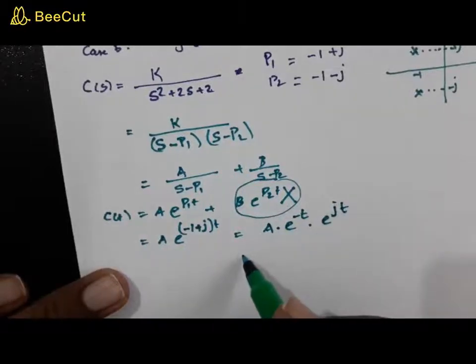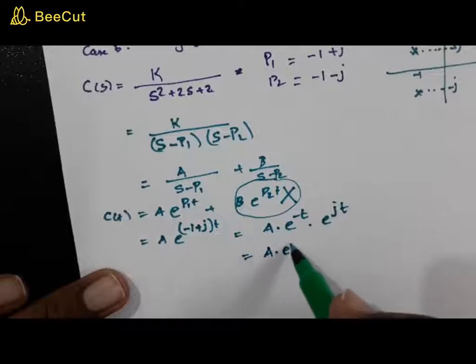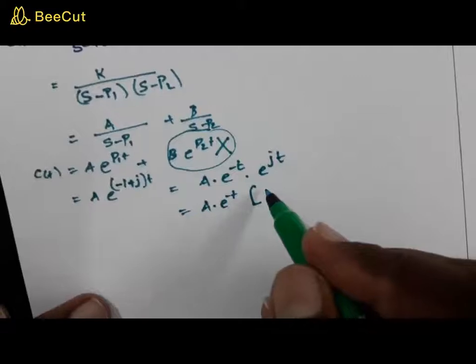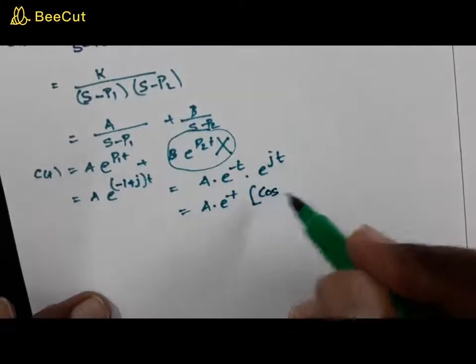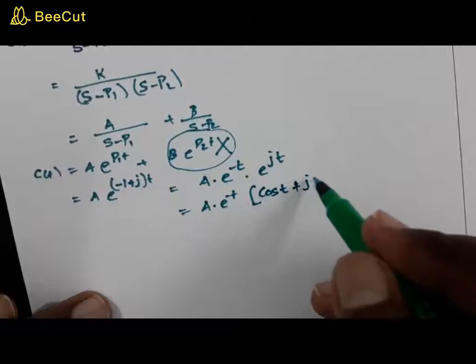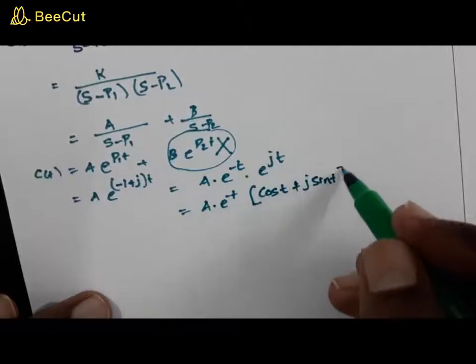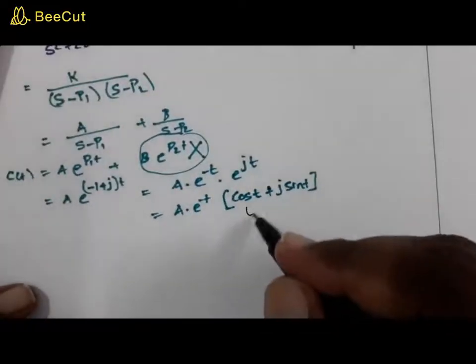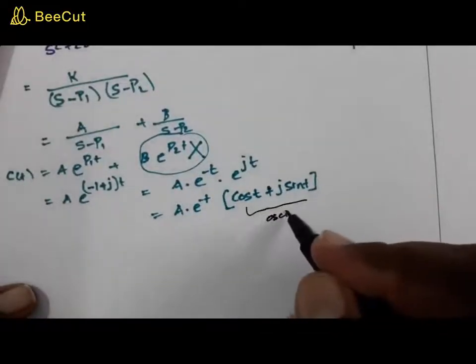By applying Euler's identity, this is a into e raised to minus t into cos t plus j sin t. And we know that this one is oscillatory in nature.